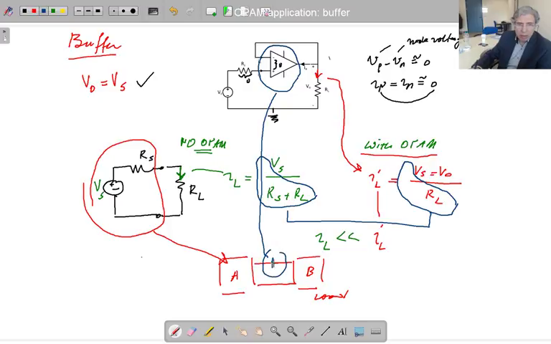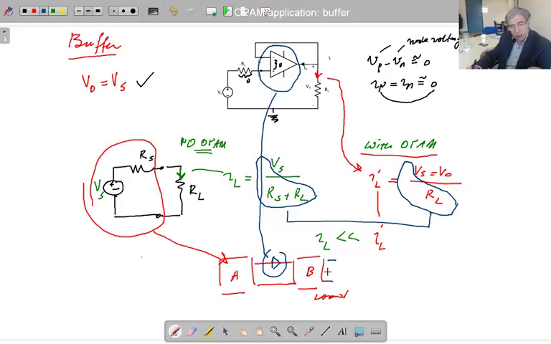that means a buffer here, then the energy or the power I transfer to the load is going to be higher. So the output of this circuit is going to be my useful usage.